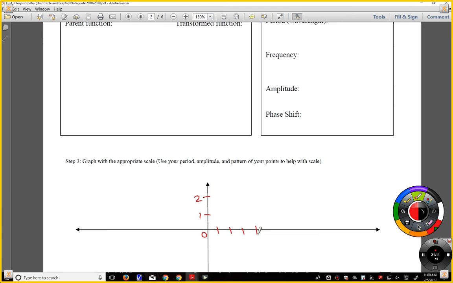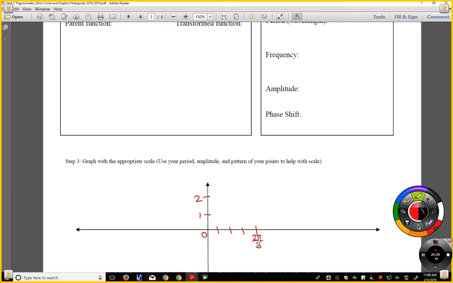We don't want to call that last one where the period ends 2 pi anymore. We would like it to be 2 pi over 3 because we know that that's our new period. Okay, so one way to do it is replace the mark on the graph that used to be the period of 2 pi with the new number that is the period. So always your 4th mark, because that's how many points we graph when we make our parent function table, becomes the period.